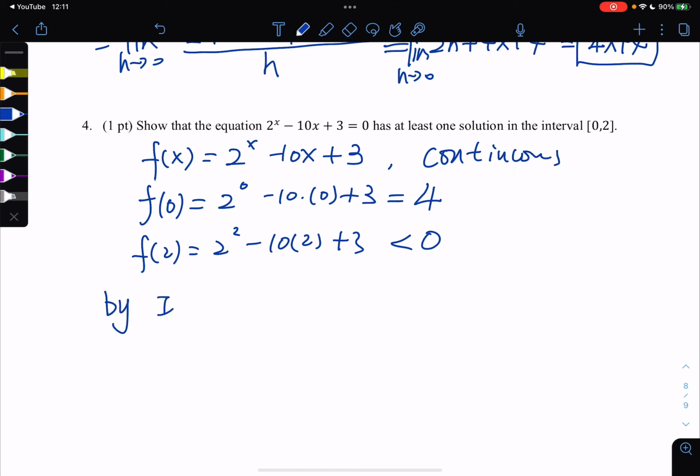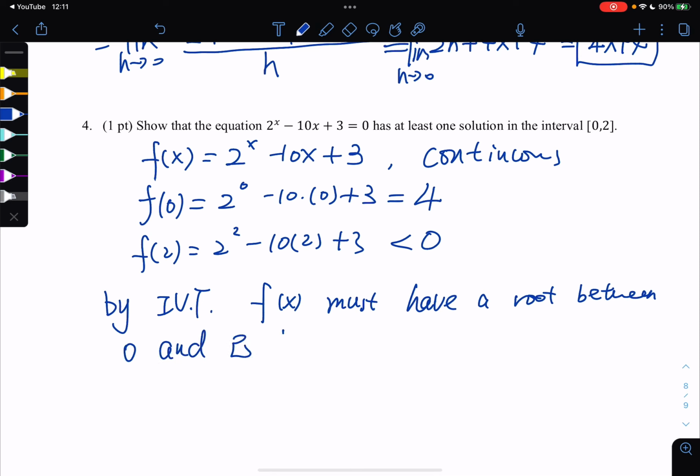So by the intermediate value theorem, f of x must have a root between 0 and 2, because having a root means the function value being 0, and the function value is less than 0 at the point of 2, and it's greater than 0 at the point of 0.